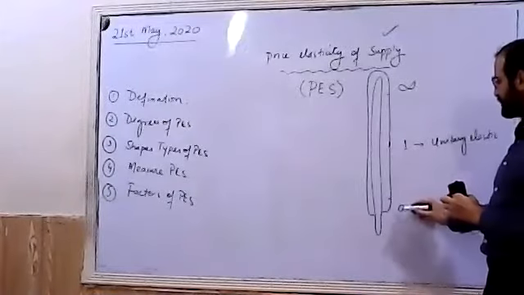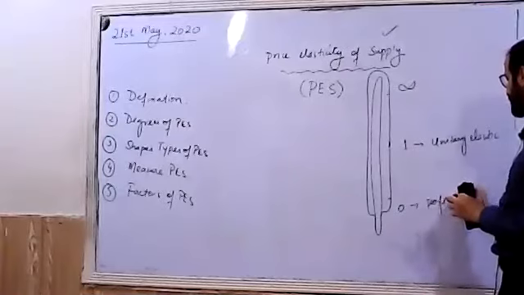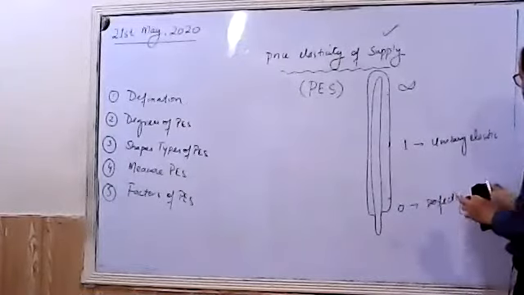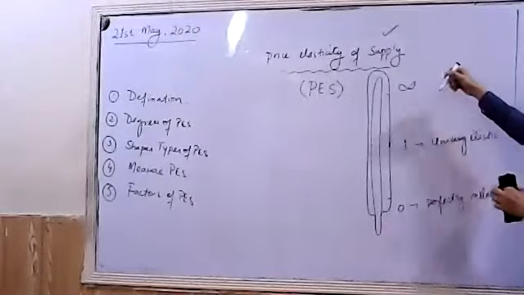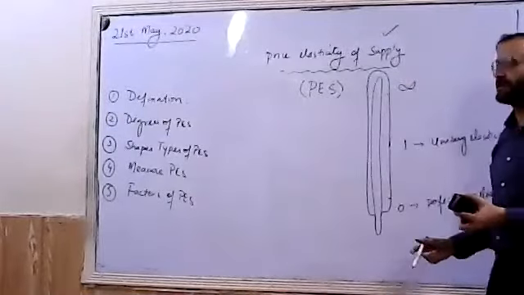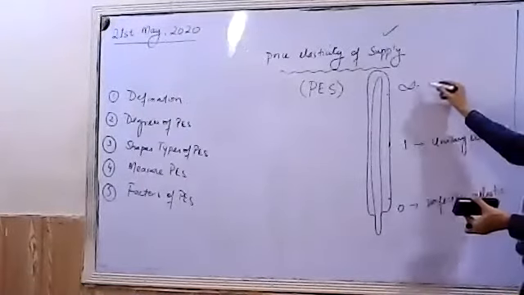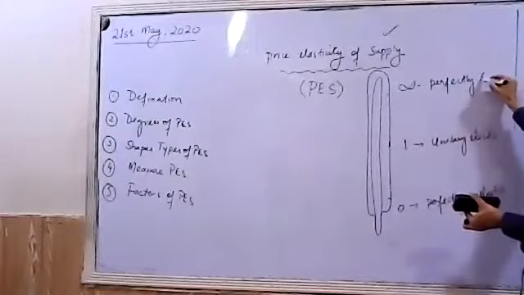Anything which is equal to 0 is known as perfectly inelastic. Any product whose supply is equal to infinite would be perfectly elastic.